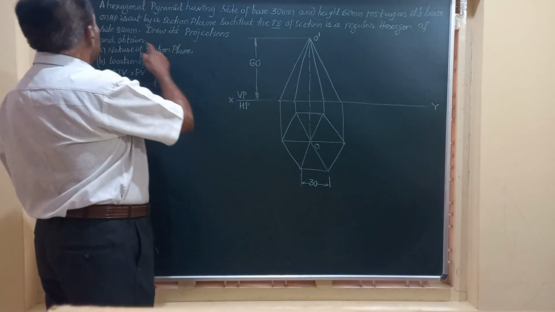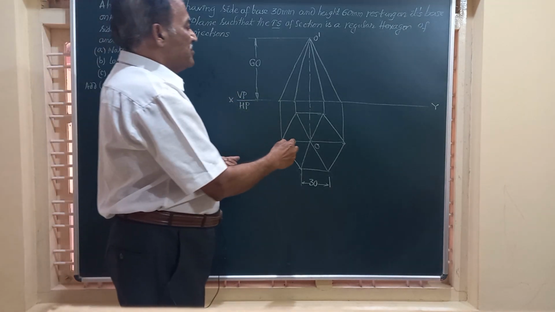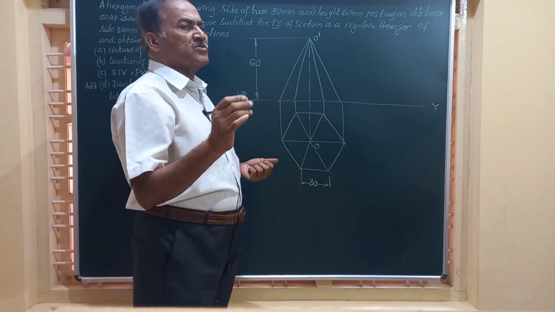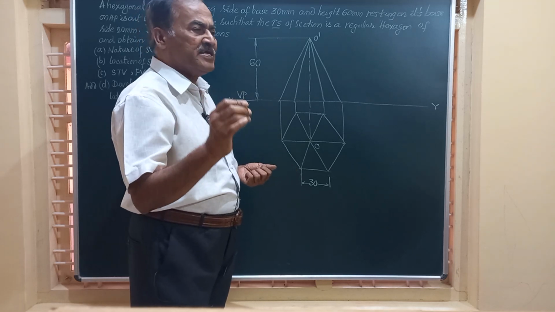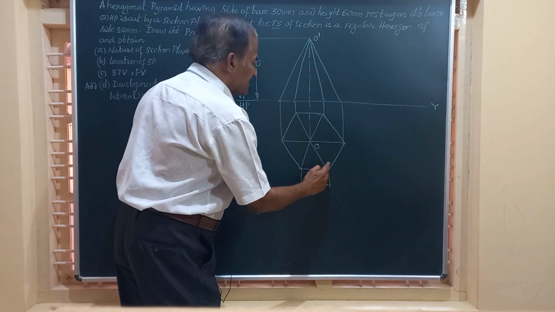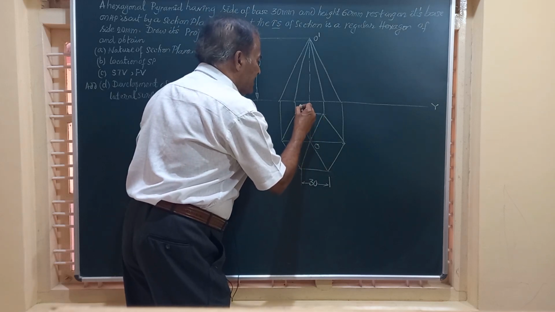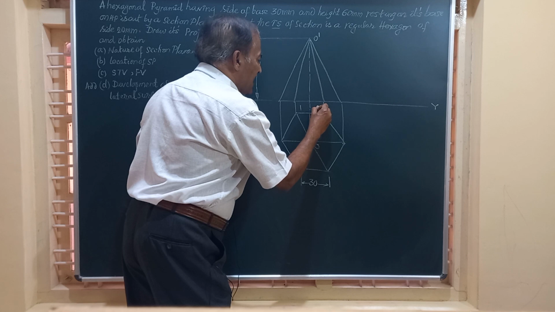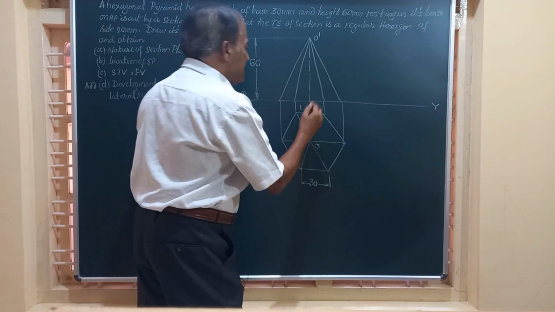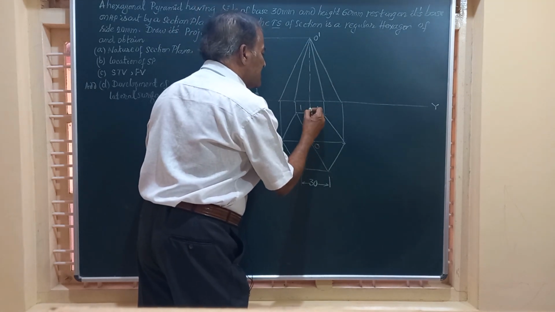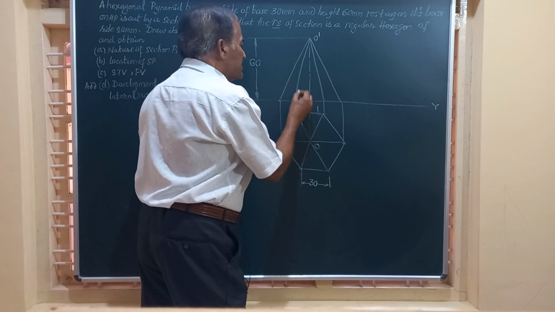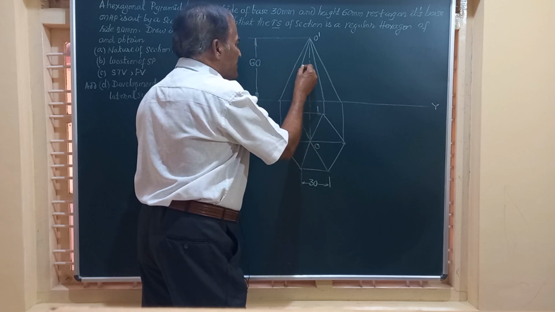Friends, here the hexagon you are going to get in the top view is going to have a side of 20 mm. This is 30, this is also 30. So we can have a line drawn here at a distance of 20 mm, that is 10 on either side. And friends, you project the line from there.